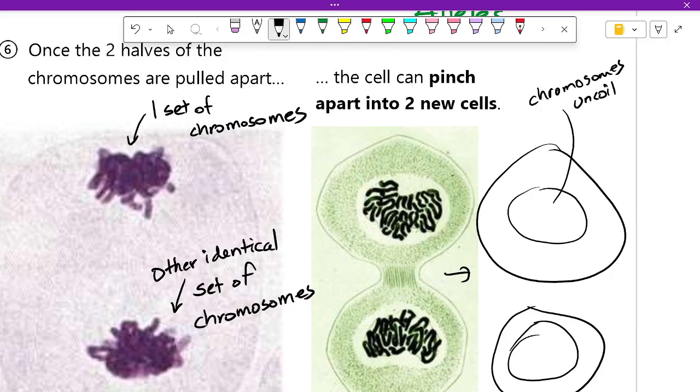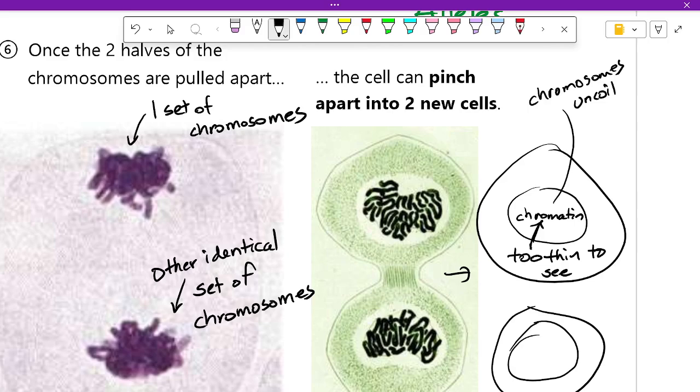It's now chromatin, and it's invisible, which is why I did not draw it. Too small to see. Too thin to see. Did that help clarify a few things?